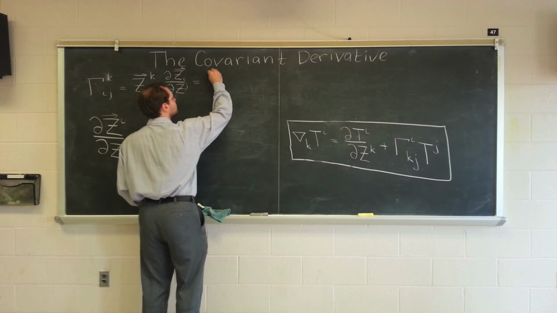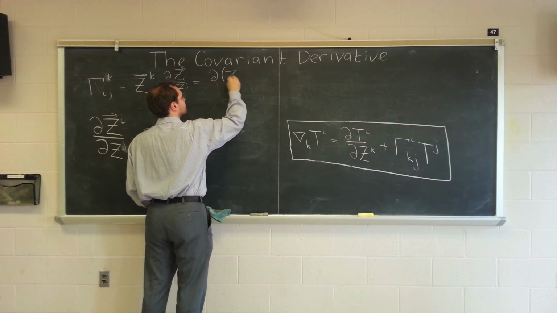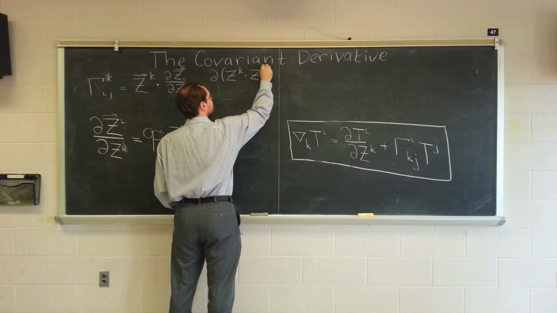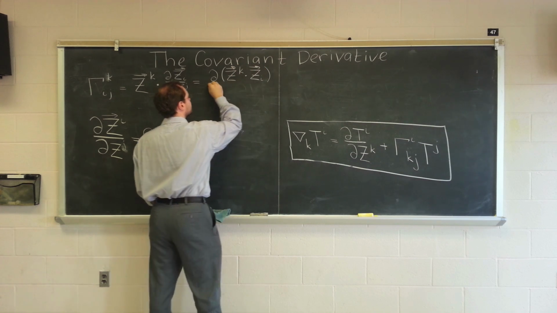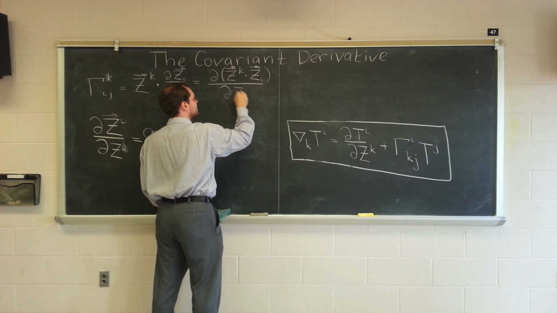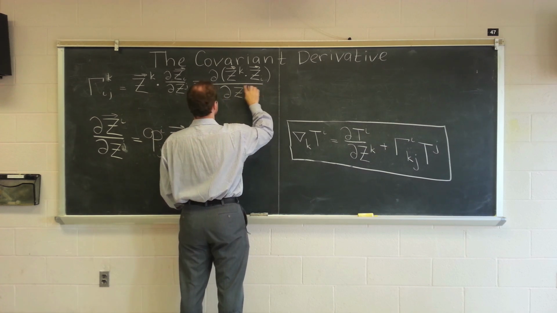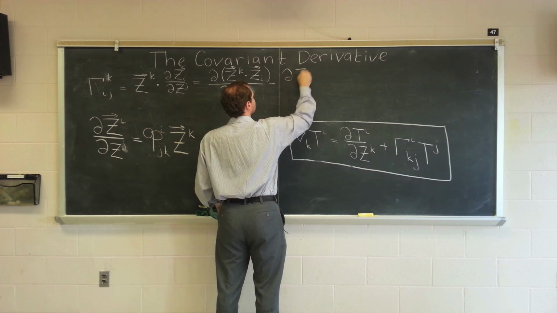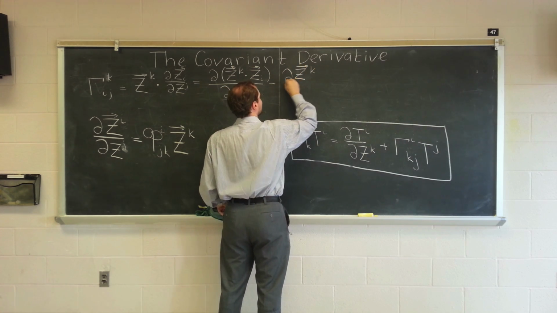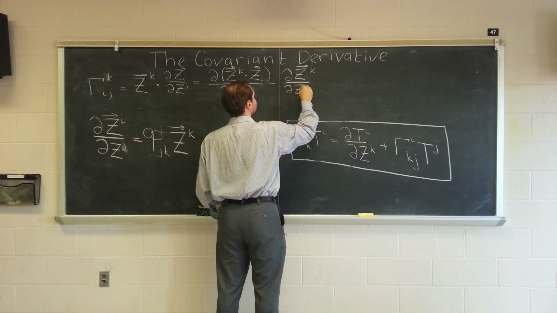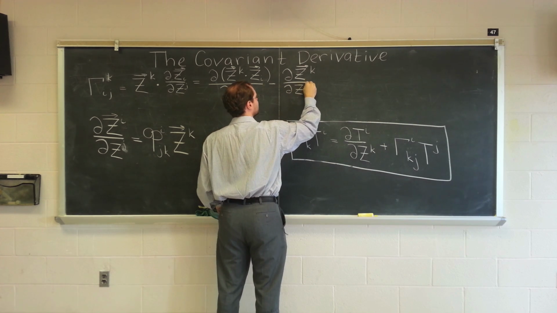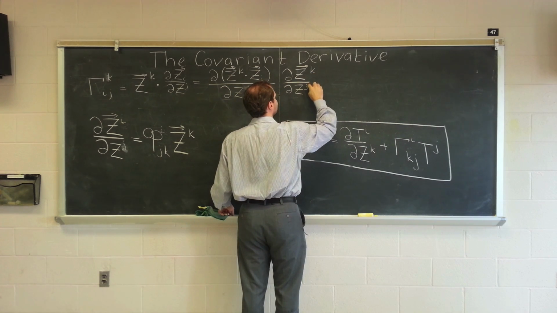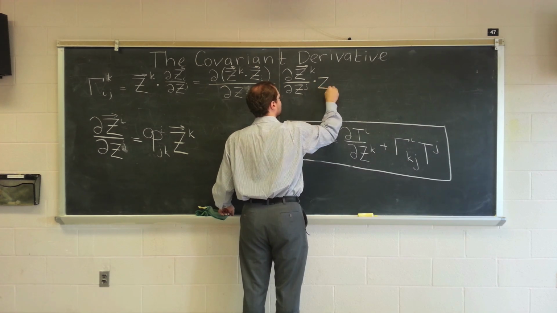The product rule becomes D of ZK dot ZI, DZJ, minus DZK, DZJ dotted with ZI.